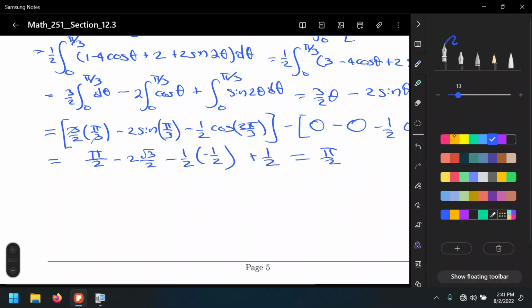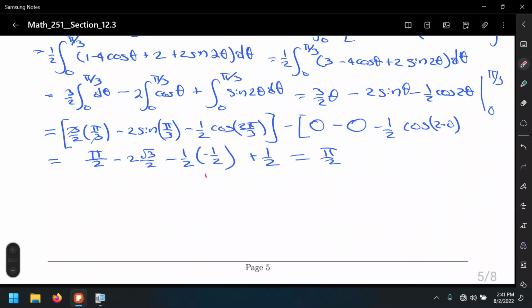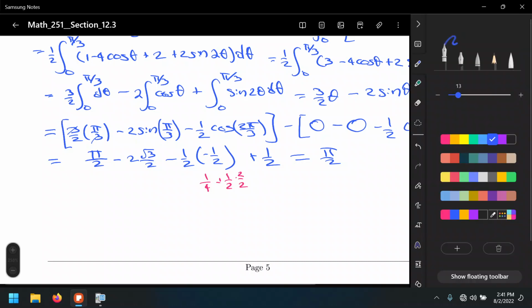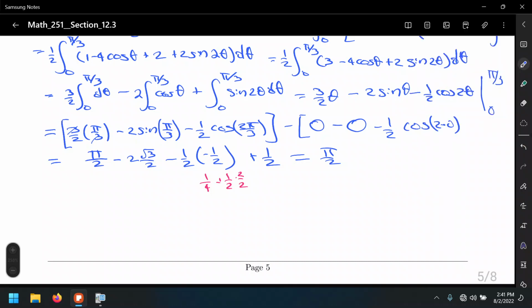Let me do the calculation below. So that's 1/4 plus 1/2, which is 3/4, right? So minus 2 root of 3 over 2. Actually the 2's cancel, leaving us with simply root of 3. And that's a plus 3/4.